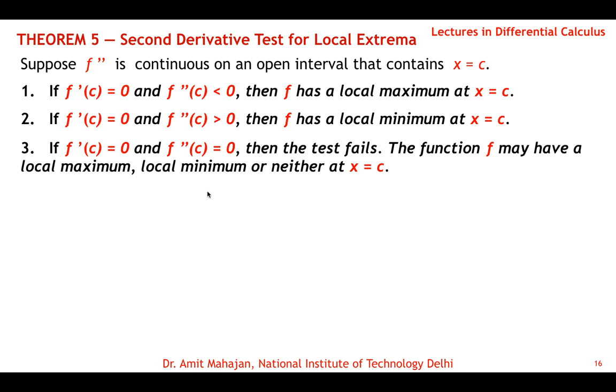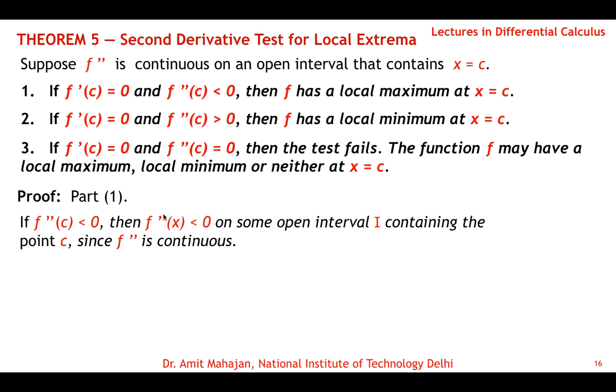So first, the proof of the first part. As I said, if the second derivative is negative at c, and because the second derivative is continuous in the open interval containing c, that means the second derivative at all x points should be negative for all x in that open interval.